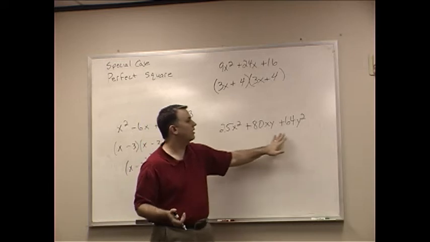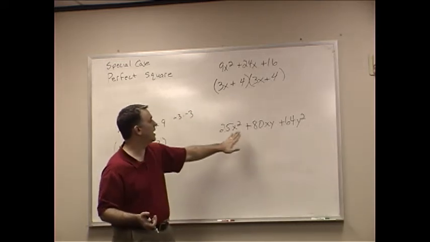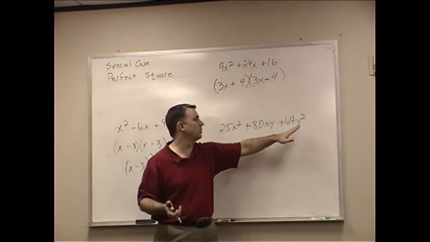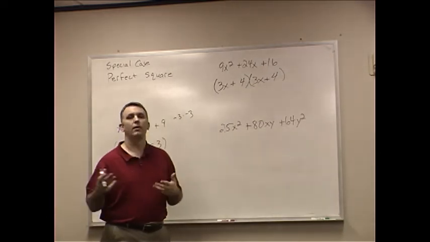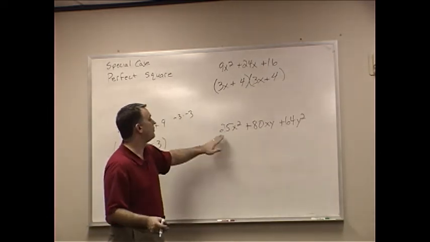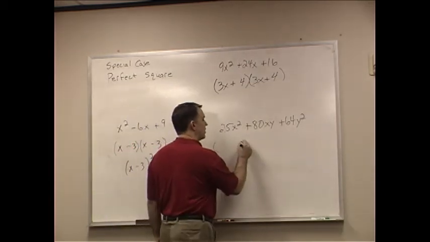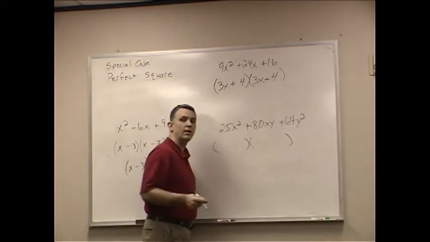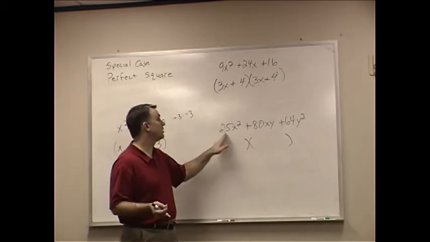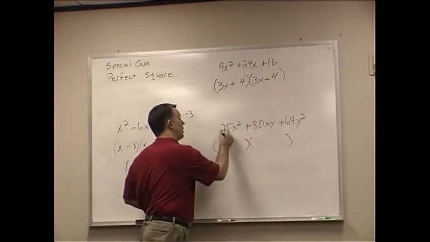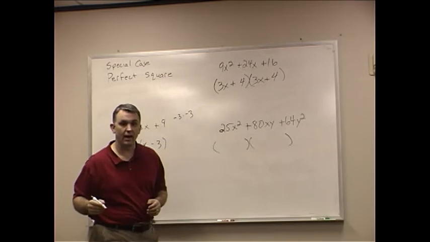Now let's look at the last one. Oh, 25 times 64, and these are very contrived, guys. If you see huge numbers like this, there's a very good chance it's a perfect square. You can take the square root of 25x to the second.